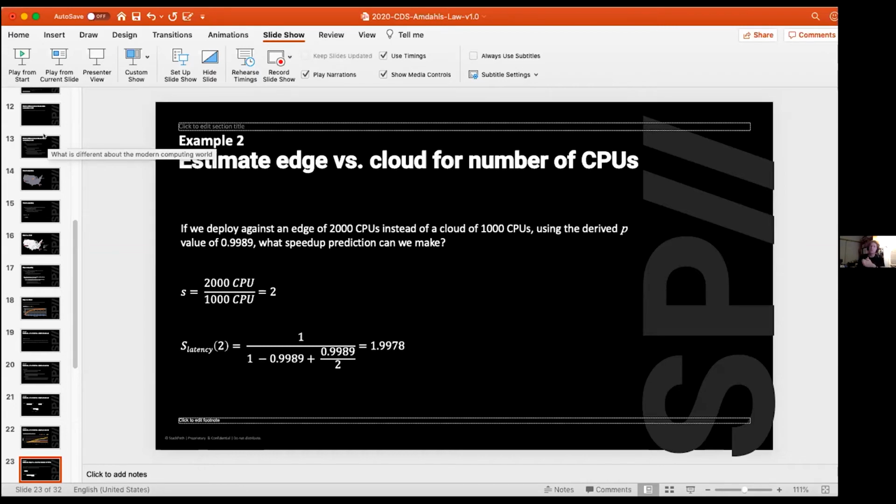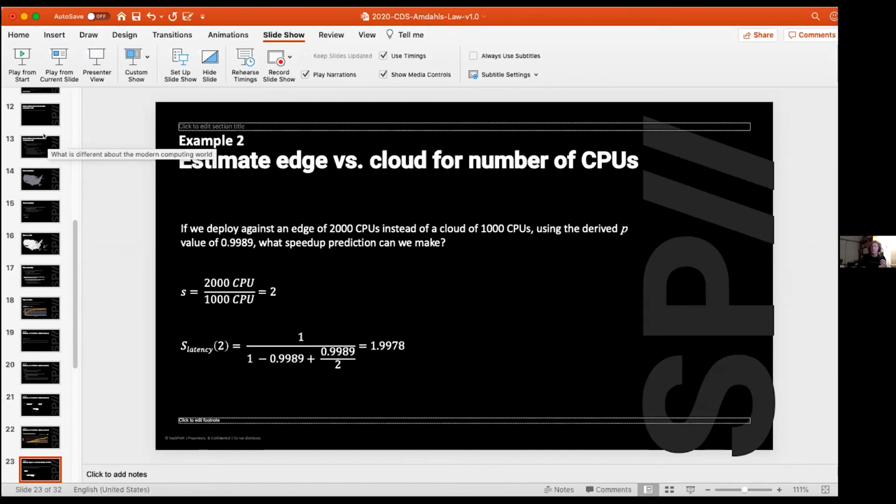In other words, our value of P was so high, we had such high intrinsic parallelization, that moving to edge actually does result in a major speed up over cloud. So according to the model, and when you go and measure it, now we still have a little bit of a problem, because we have assumed that we could derive our value of P experimentally, which is what we did in our little thought experiment here.